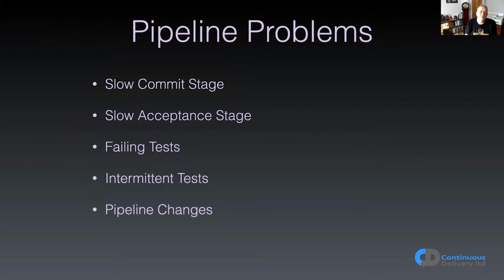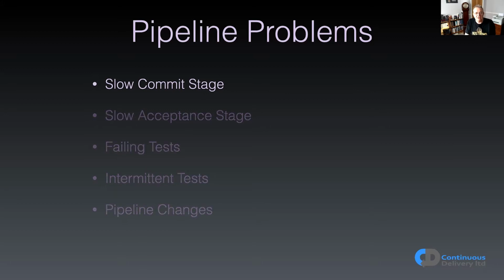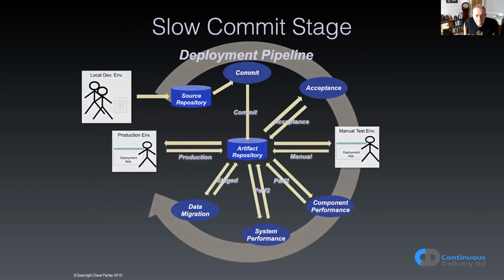So I'm going to spend the rest of my talk describing these different points at which pipeline problems might arise. We might have a slow commit stage, a slow acceptance stage, failing tests, intermittent tests, and we might make changes to the pipeline itself. And all of those may cause us problems as we live with this technology and getting it working. So let's look at each of these in turn.